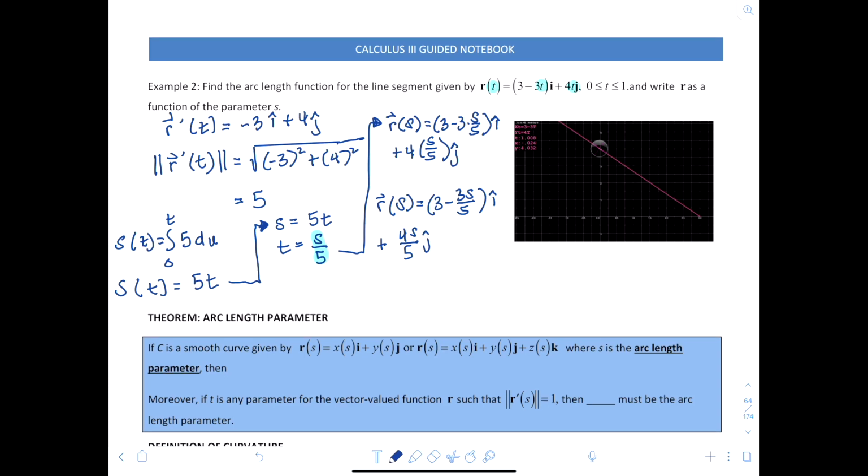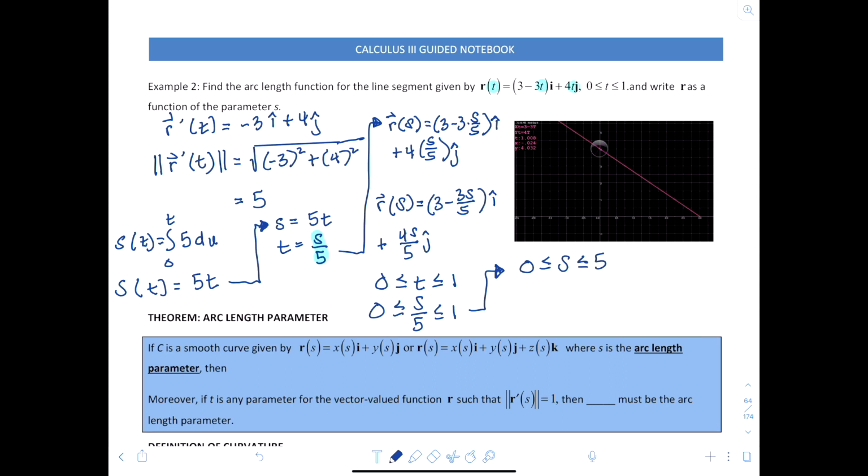Now we need to figure out the interval. Remember, we had that 0 was less than or equal to t was less than or equal to 1. Well, t is s over 5, and so that means that 0 is less than or equal to s is less than or equal to 5.